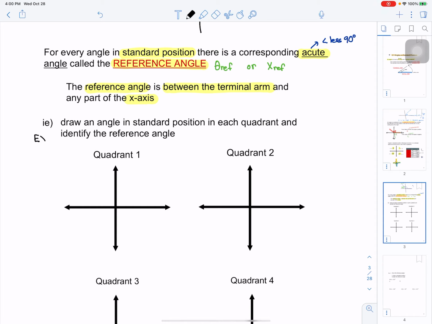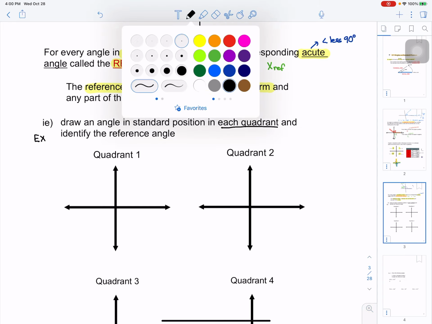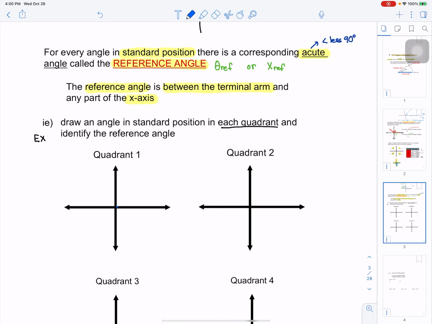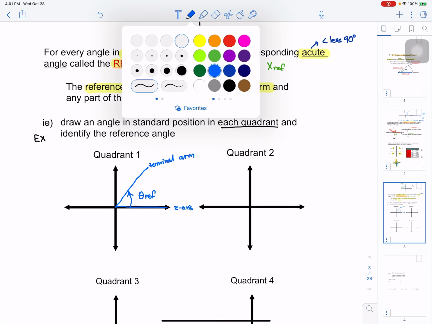Draw an angle in standard position in each quadrant and then identify the reference angle. So I'm going to draw my angle in standard position, start on the terminal arm. I want to stay in quadrant 1. So here's my terminal arm. Here's my x-axis. I'm moving in a counterclockwise direction, so I'm going to show that. And this angle here is my theta reference, if I was in quadrant 1.